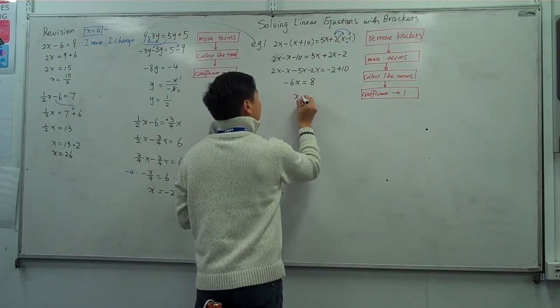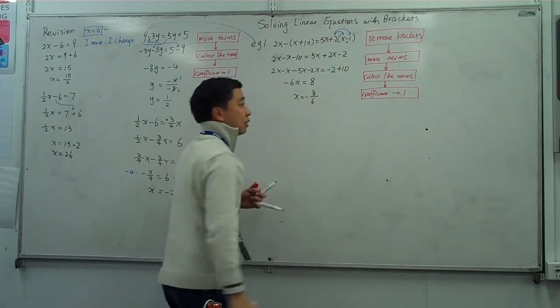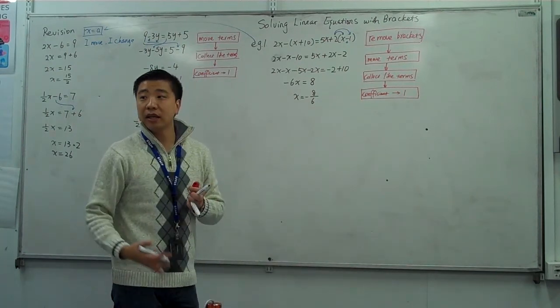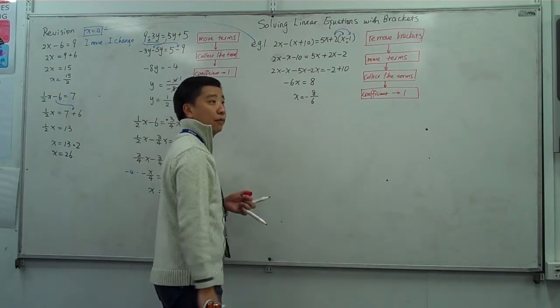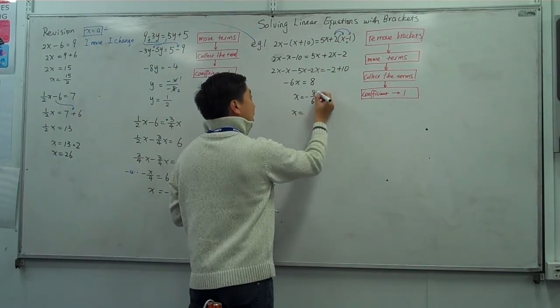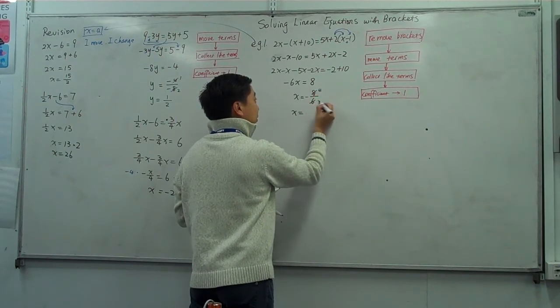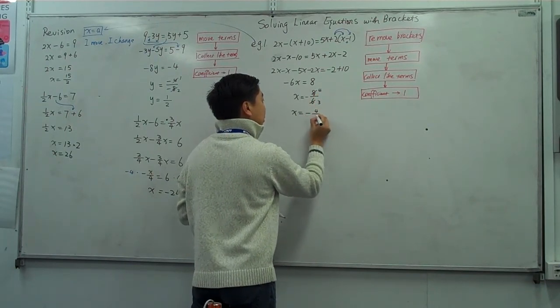So x equals 8 divided by negative 6. So positive divided by negative is a negative. Don't forget you need to simplify your answer. So x equals 8 divided by 2 is 4, 6 divided by 2 is 3. So the answer is negative 4 over 3.